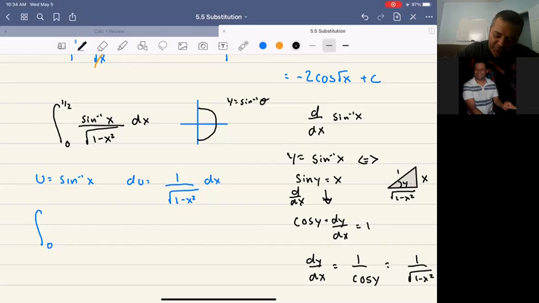So sine inverse of 1/2 is going to be this angle, which is pi over 2.